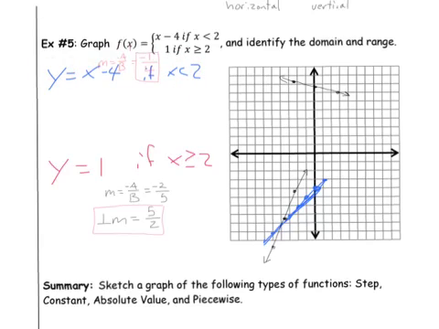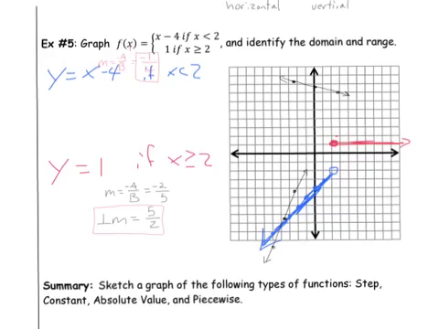So when I get to 2, I'm going to actually leave an open circle, and I'm just going to stop. And then I'm going to skip to the bottom part, y equals 1. Well, y equals 1 just looks like this line at y equals 1. And when it's at 2, it says that it can be equal to 2, so I can draw a little dot and circle it in. And so this is how we draw a piecewise function. We break it up into 2 parts.